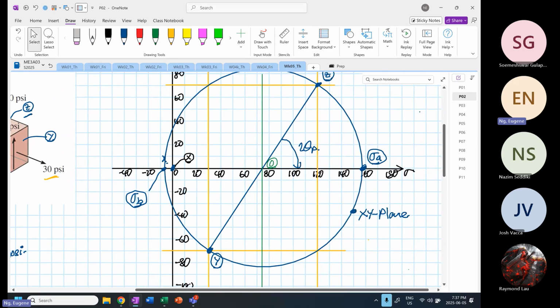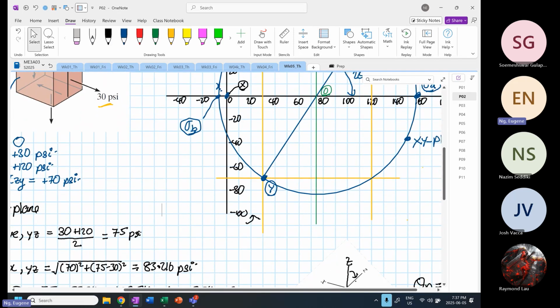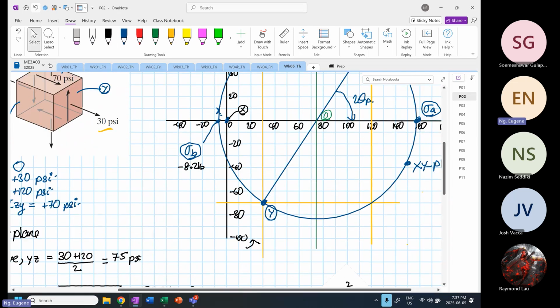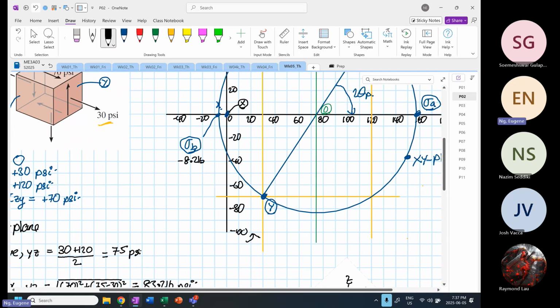So this circle I draw, this is point Y. Okay. So point Y, stress B, right, is equal to minus 8.216.